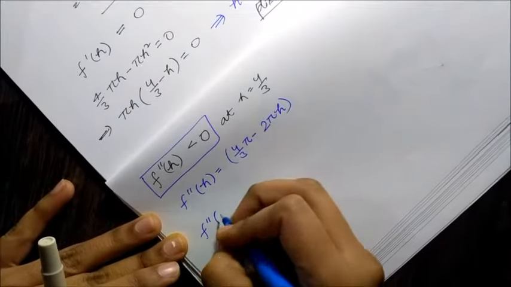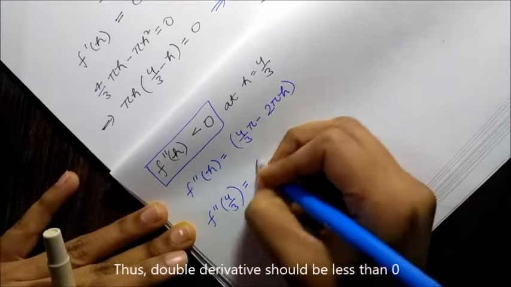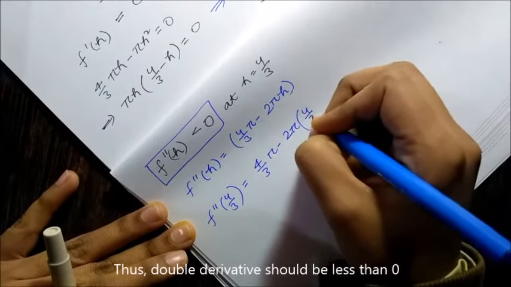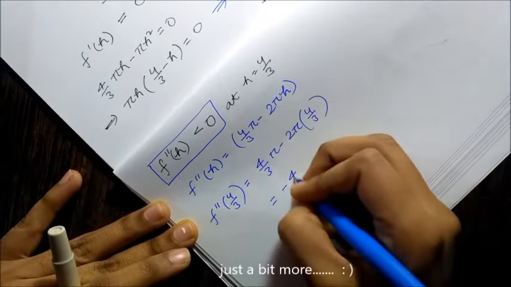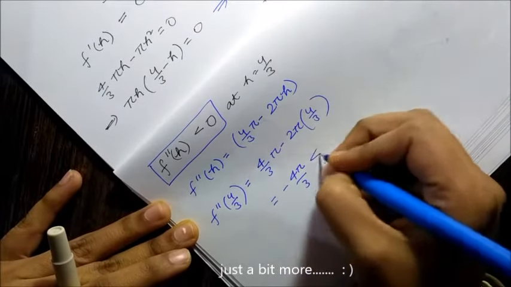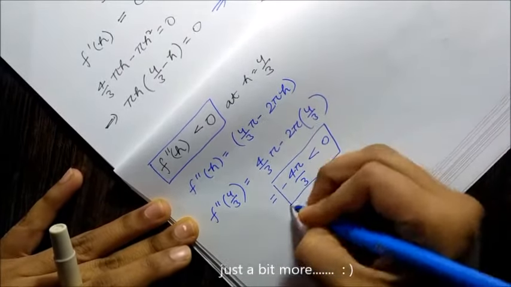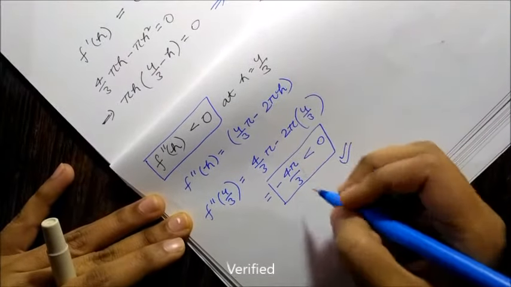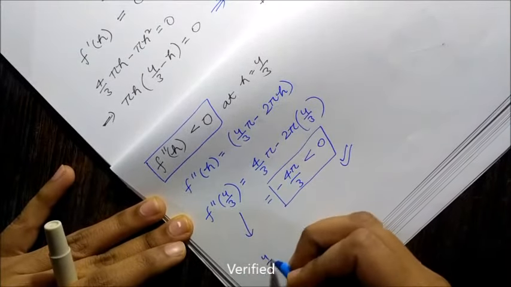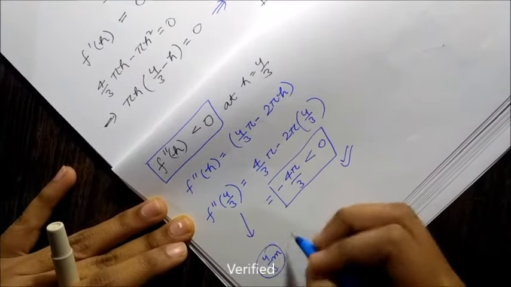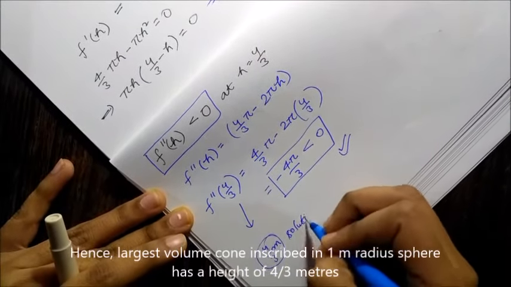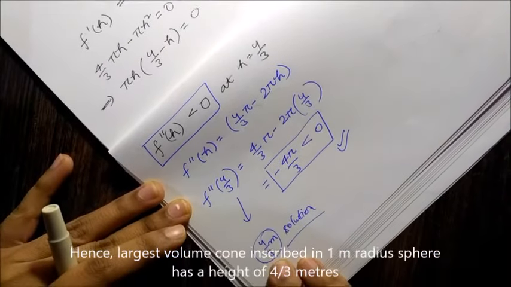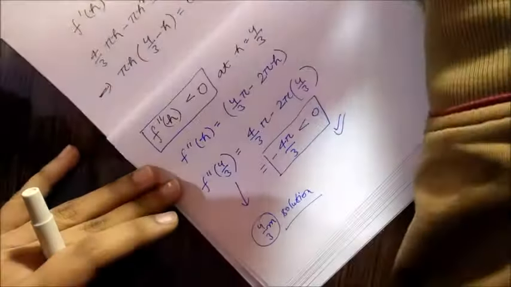That's why f double dash h is less than 0. So we'll put the value 4 by 3 and we found that it's less than 0. So it's verified that this is maxima. Hence, the largest volume cone inscribed in a 1 meter radius sphere has a height of 4 by 3 meters.